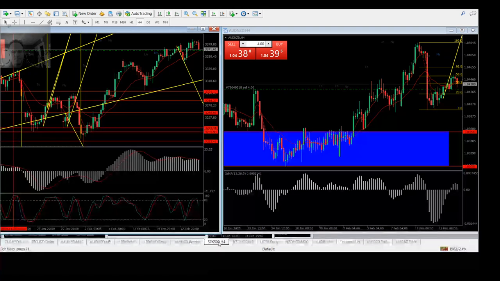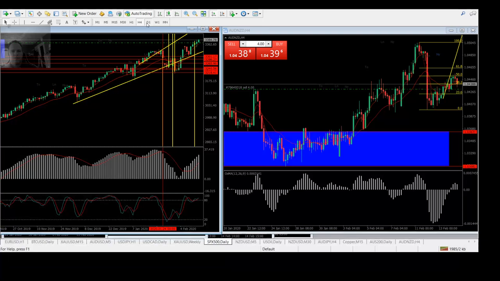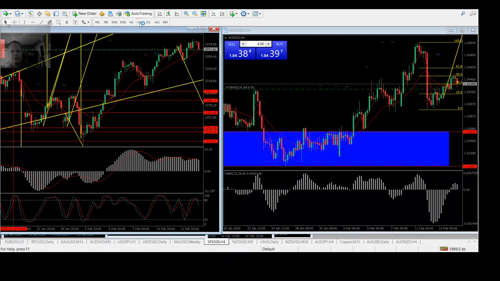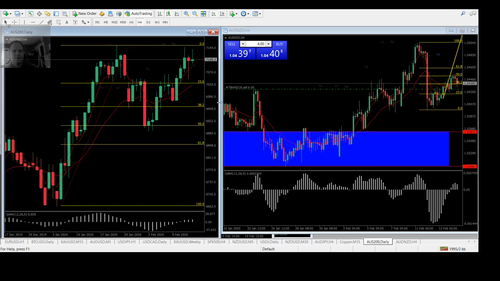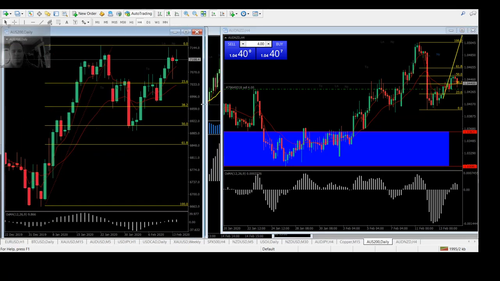As far as the SPX, I had said that I would be looking for a move right around to the 34 area. At this point, I am cautiously bearish on the SPX. Okay. Cautiously bearish.